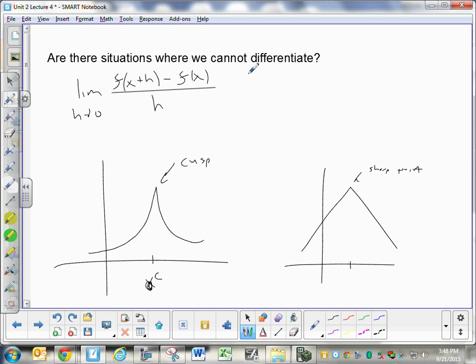Well, it's a limit, right? So limits have to exist. What does a limit have to do to exist? Well, the limits from the left have to equal the limits from the right. In this case, since this is just a fancy slope formula, the left-hand limit would be the slopes from the left. And the limit from the right would be the slopes from the right.